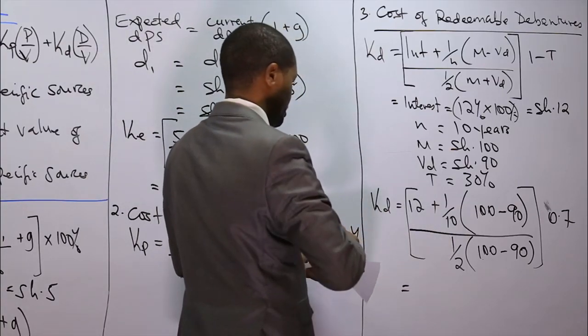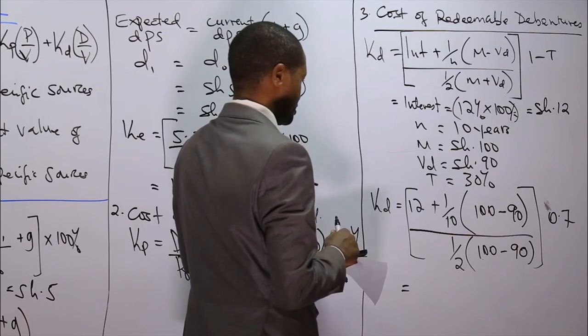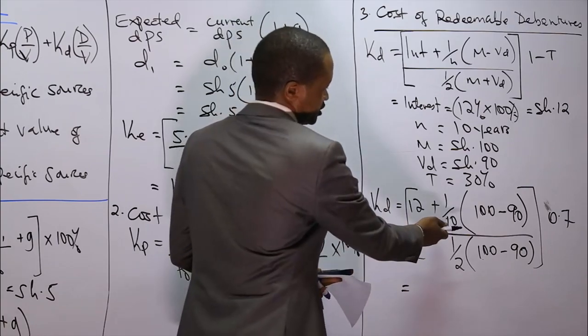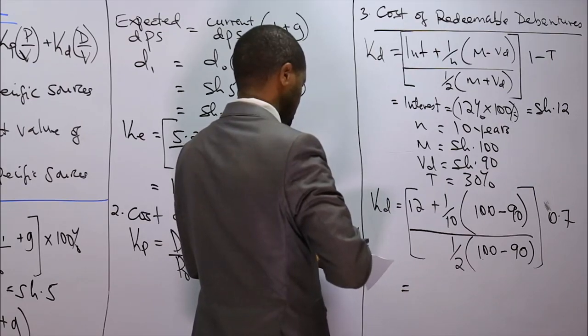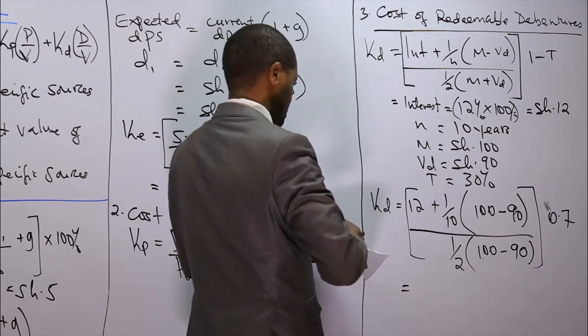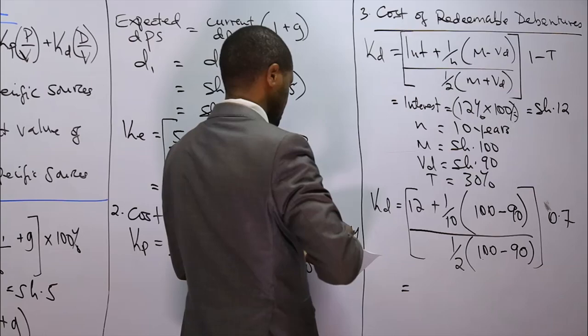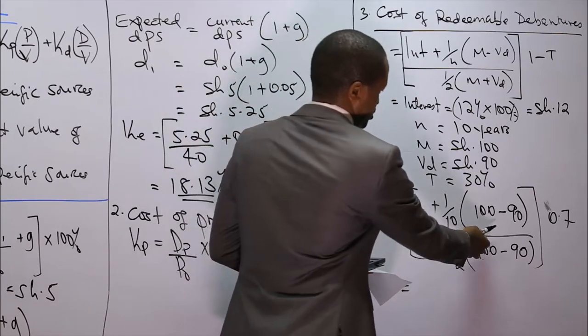So the numerator there, we're talking about 1 over 10, that is 100 minus 90 times 0.1. So this is 1.